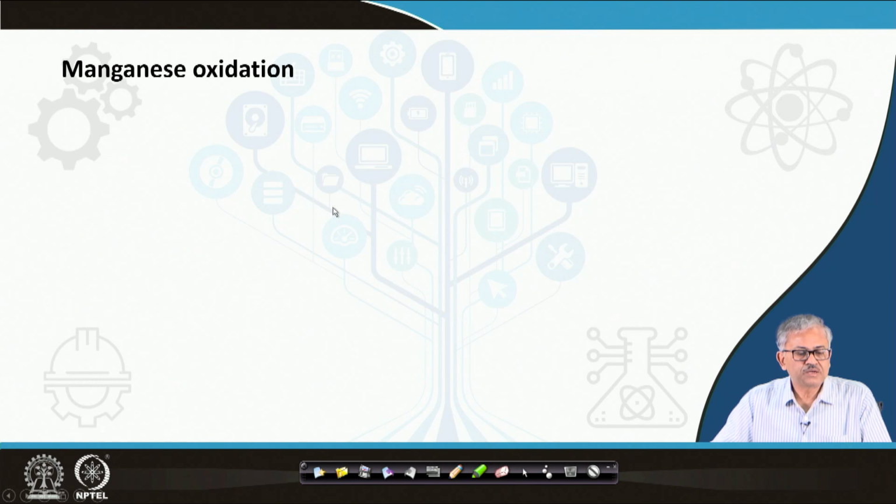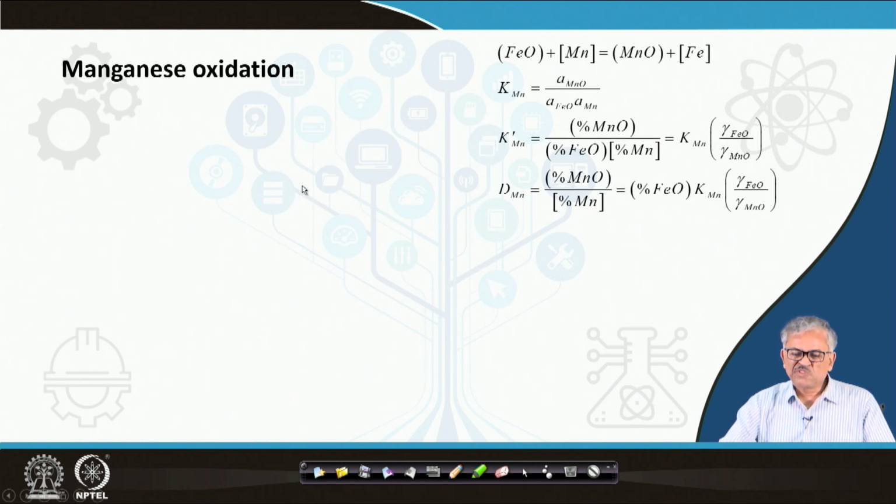I will come to the next, that is the manganese oxidation. Manganese is also a very unique impurity, in the sense that when it gets oxidized, manganese oxide is a basic oxide, unlike silicon and phosphorus, which form acidic oxides, and they can be easily retained in the slag by using lime.